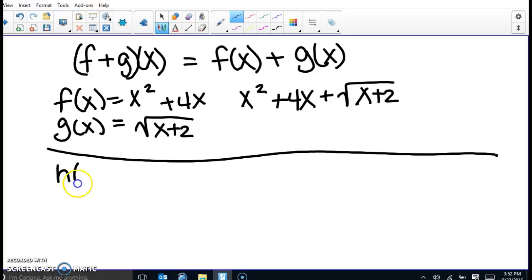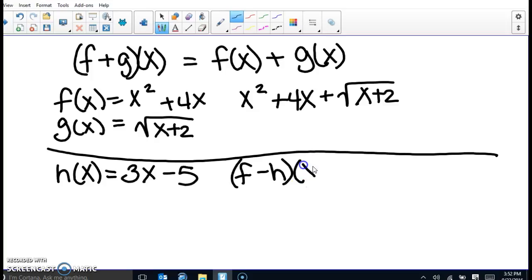If we add to this an h of x, we have a 3x minus 5. So let's say we have f minus h of x.